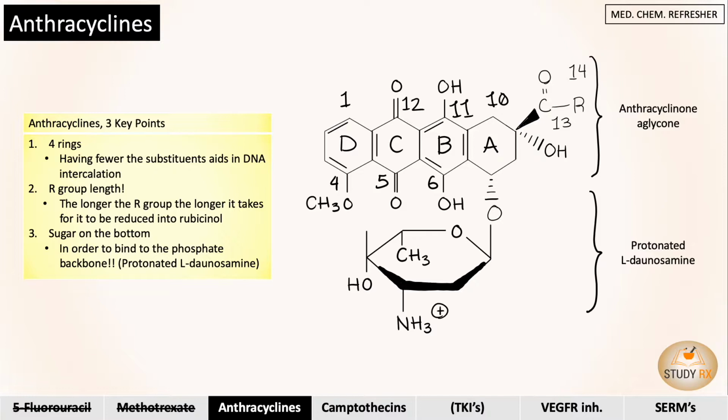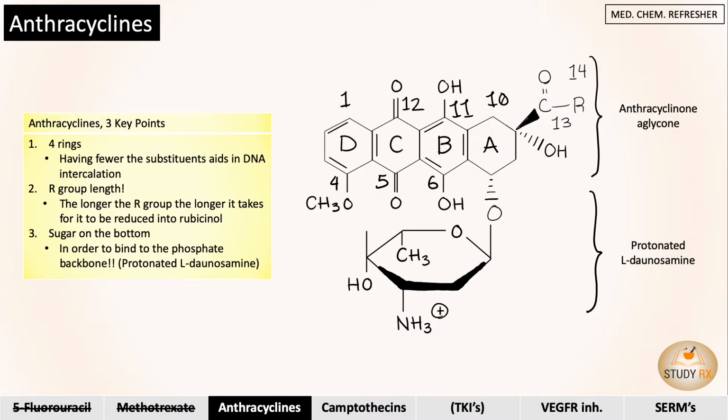Anthracyclines in general are pretty famous for cardiotoxicity as their main side effect. This happens because the drug itself concentrates in the cardiomyocytes, and the R group is reduced into bisphenol. To combat this, people made the R group longer so that it takes a longer time to be reduced into that.